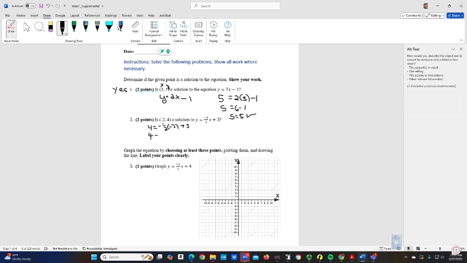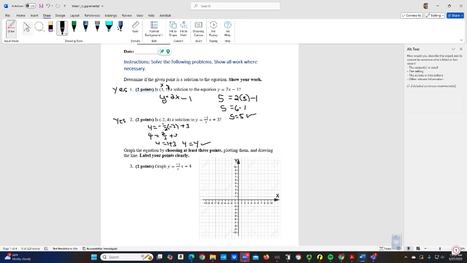So 4 equals, a -1 times a -2 is just positive 2 over 2 plus 3. And then when I take 2 and divide it by 2, I get 1. And then 1 plus 3 is 4. Therefore, 4 on the left is 4 on the right. Yes, this is also a solution.